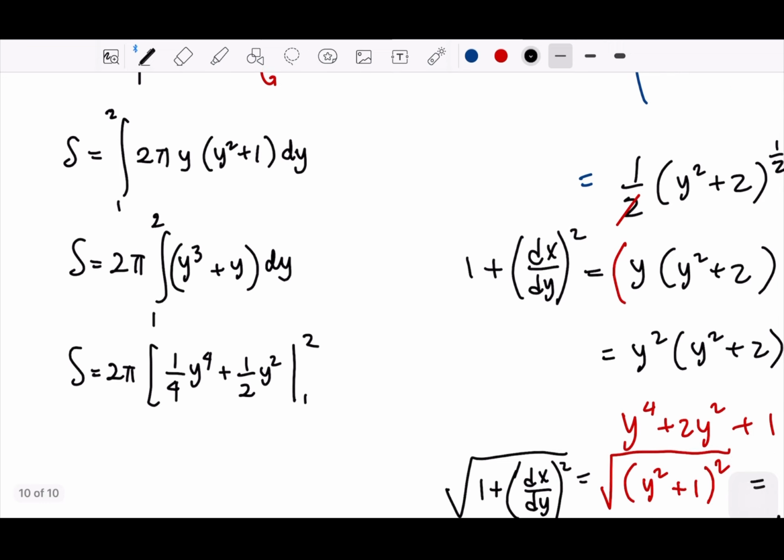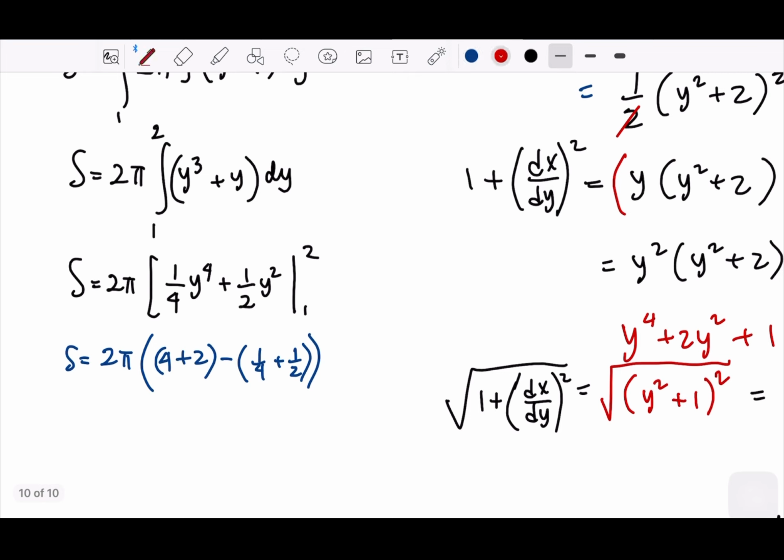I need to do some calculations too. What is this? 16 over 4. So 2 pi times 4 plus 2, right? And then minus 1 over 4, plus 1 over 2. This is 6.